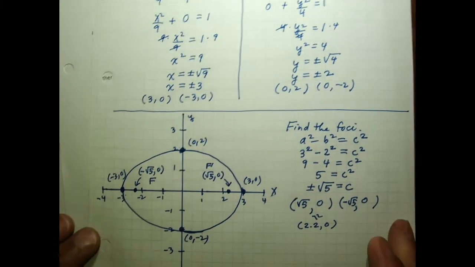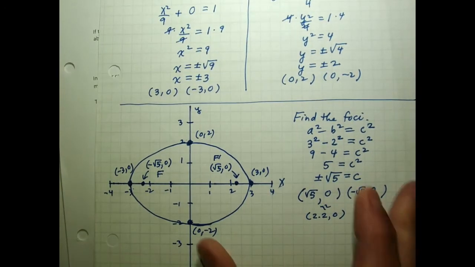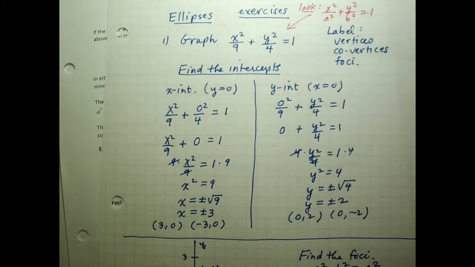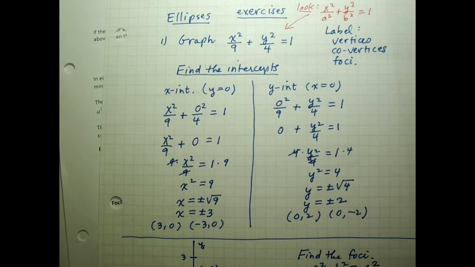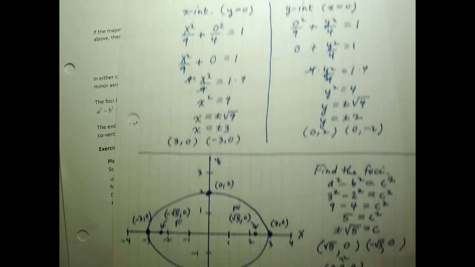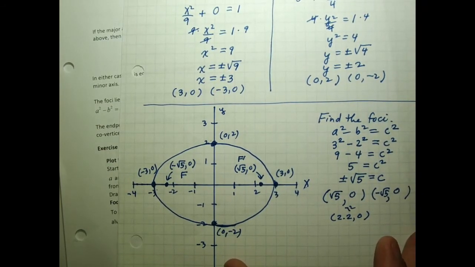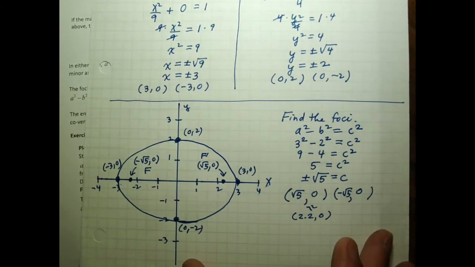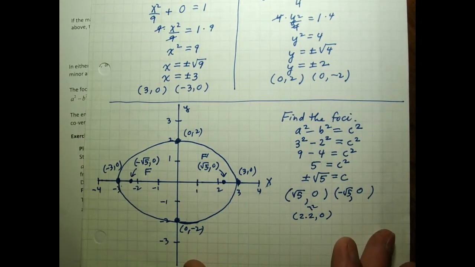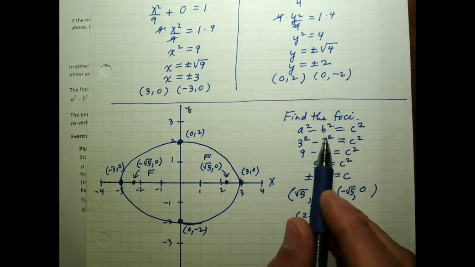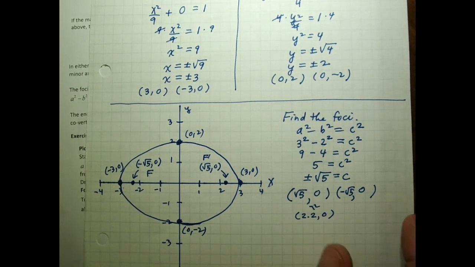So there's our graph for the equation x squared over 9 plus y squared over 4 equals 1. And again, just plot the intercepts, draw the ellipse. It's a little bit more work finding the foci. We'll always use that a squared minus b squared equals c squared to find the foci.